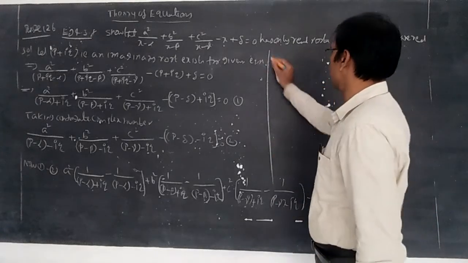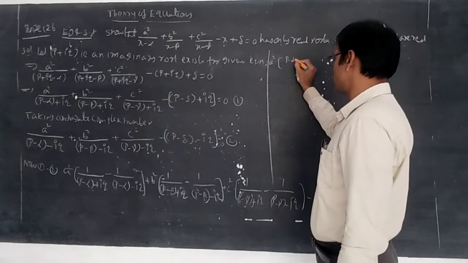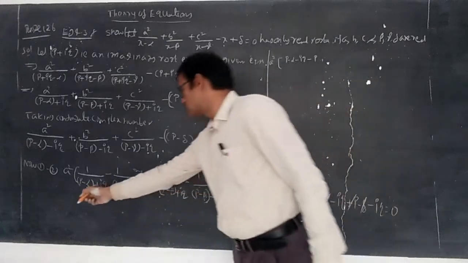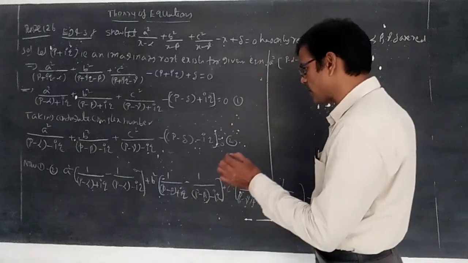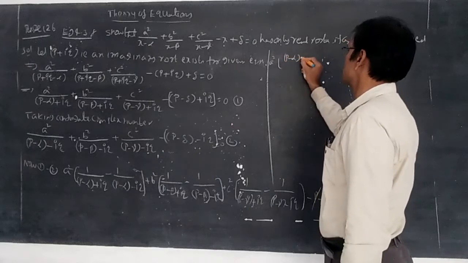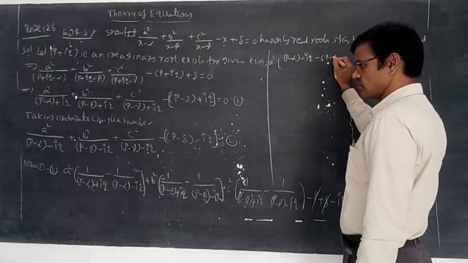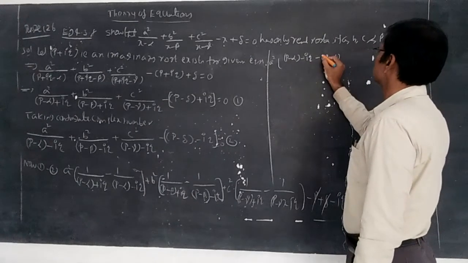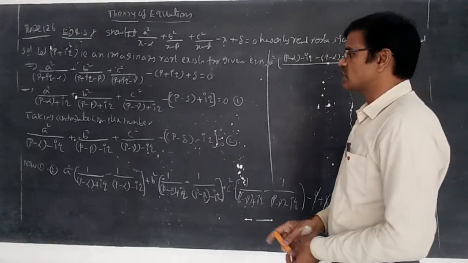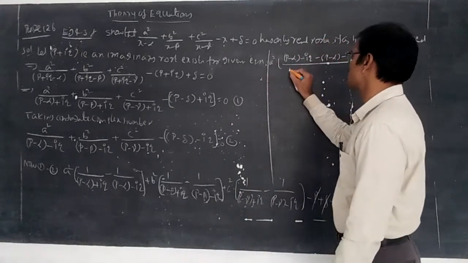One thing you can understand here: a square into p minus alpha minus iq minus of p minus alpha plus iq, whole by, I said the formula, a plus ib into a minus ib is a square plus b square.